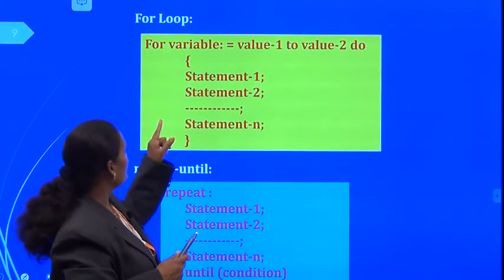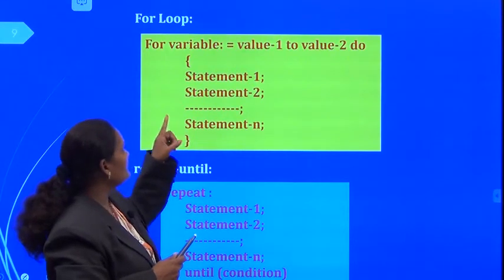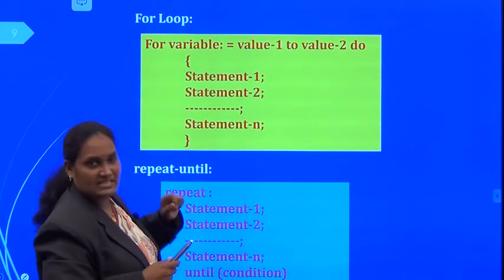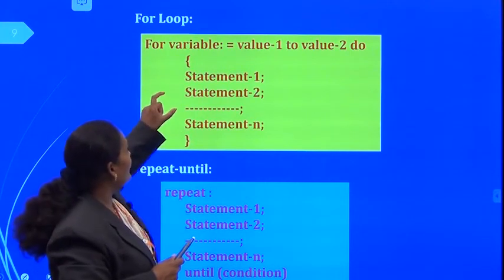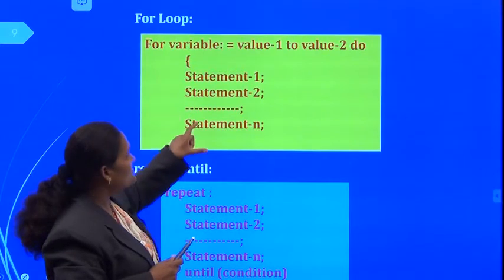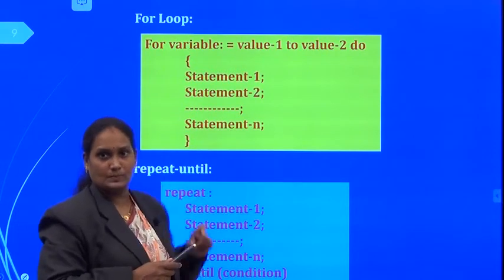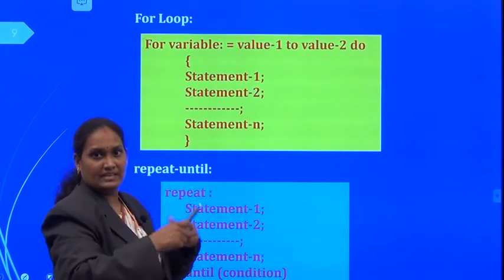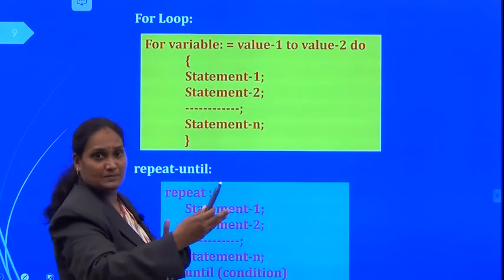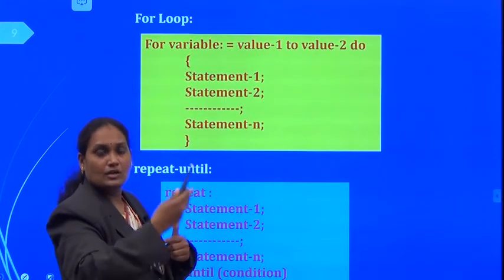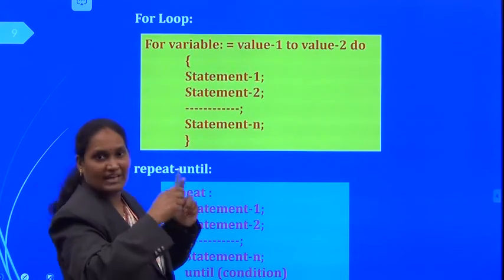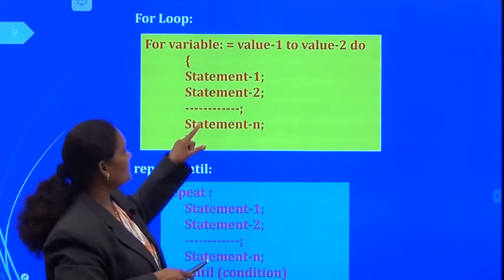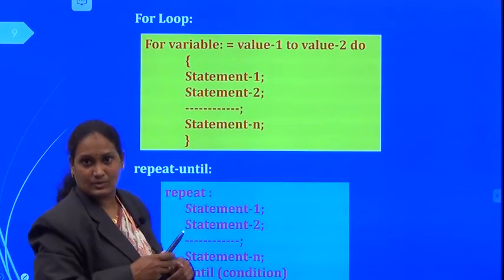Initially, the variable on the left side takes value 1. The statements 1 to n are executed for as many times as the variable moves from value 1 to value 2. If it takes 10 steps to reach from value 1 to value 2, then for these 10 times, the statements 1 to n are repeatedly executed.